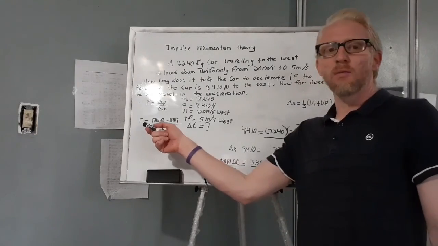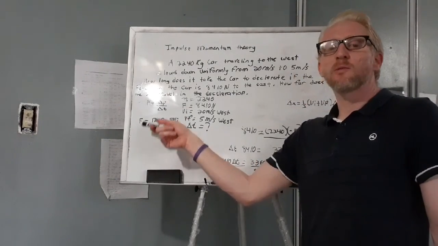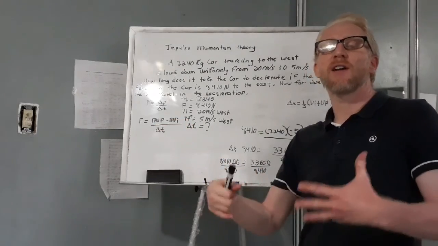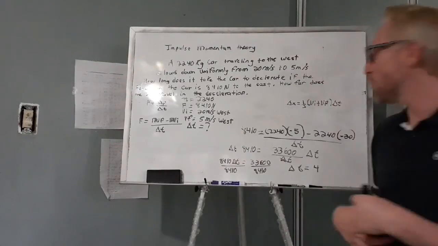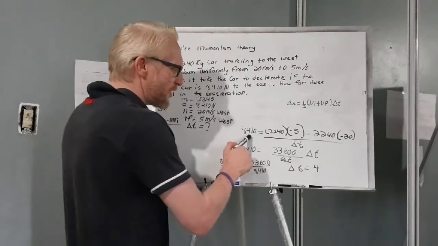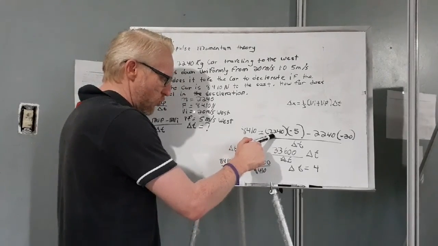So we're going to work with the impulse momentum theorem: force equals mass multiplied by the final velocity minus mass multiplied by the initial velocity, divided by time. Only in this case, time is what we're going to look for. So what did I do? Once I have my givens, I just plug them into the formula. Force is 8,410. Mass is 2,240.